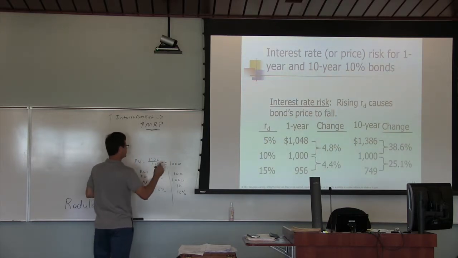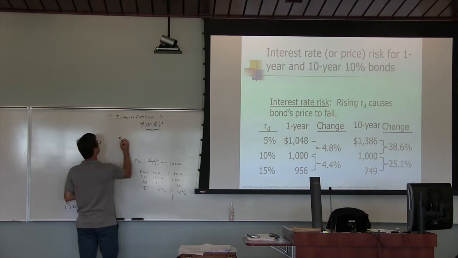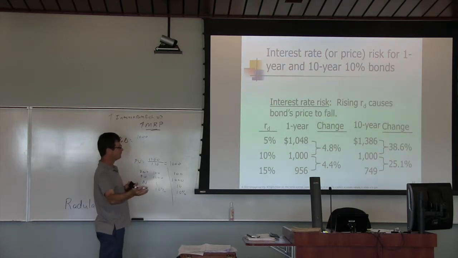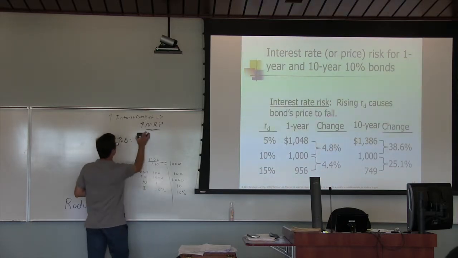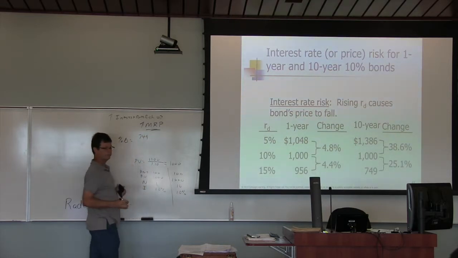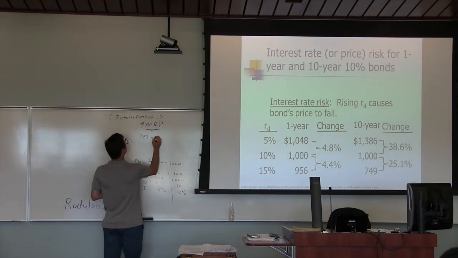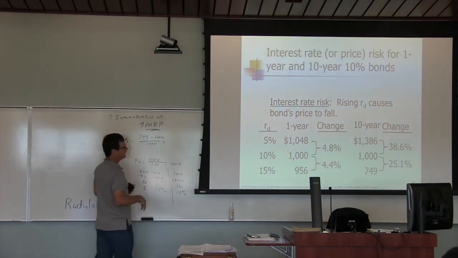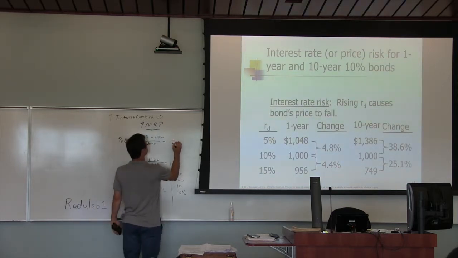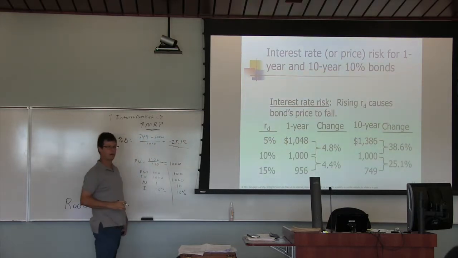In that case, the percentage change in that is, well, we have the ending value, whoops, the new price is the 749 based off of the $1,000 beginning price, and that's then where we get a 25.1% drop in the value of that bond there.